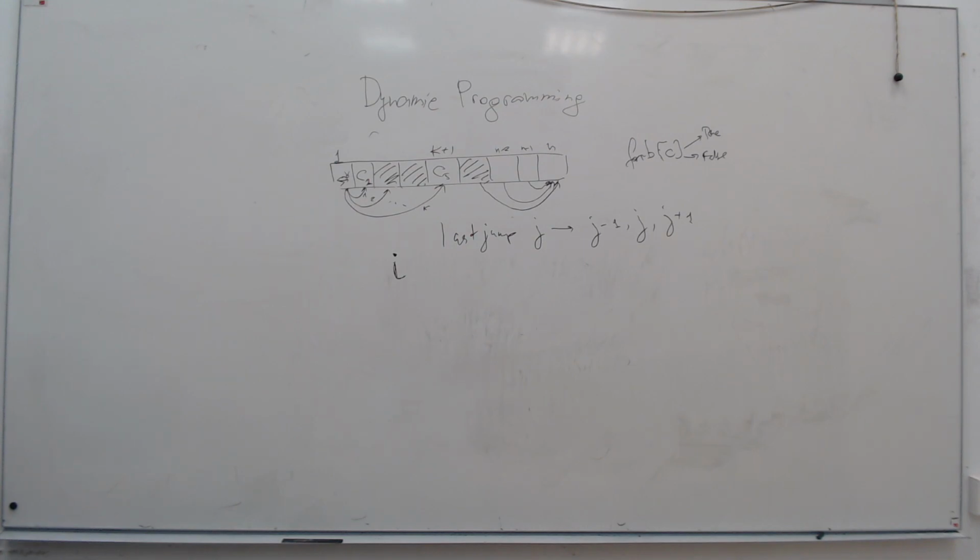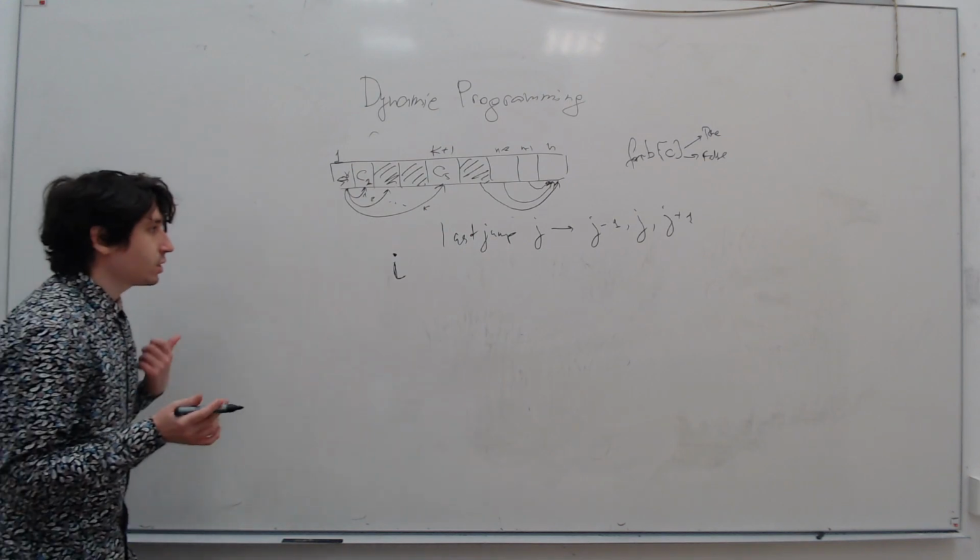So what will the state be then? It should be j minus 1 at least.